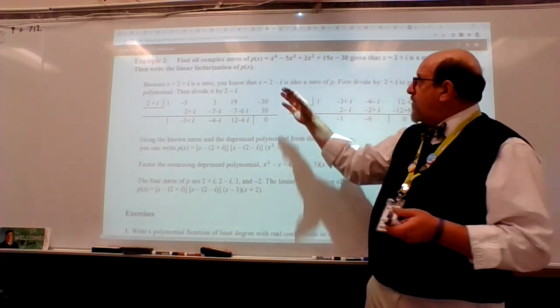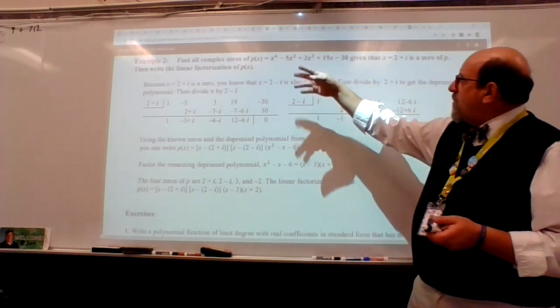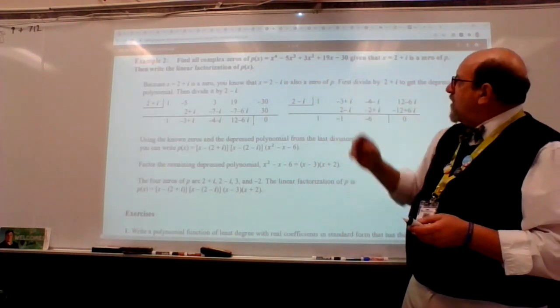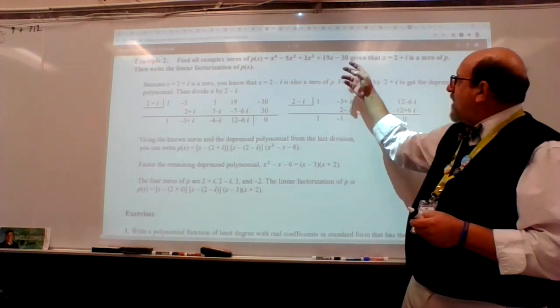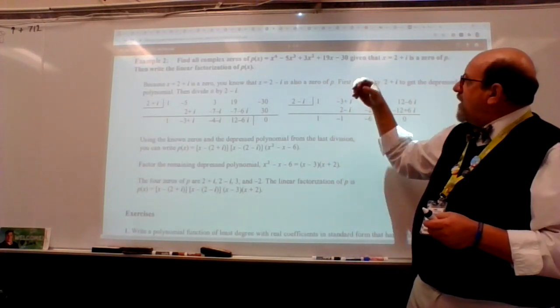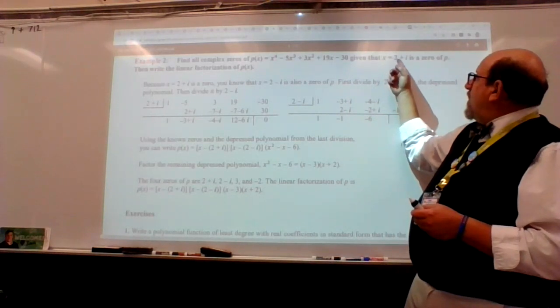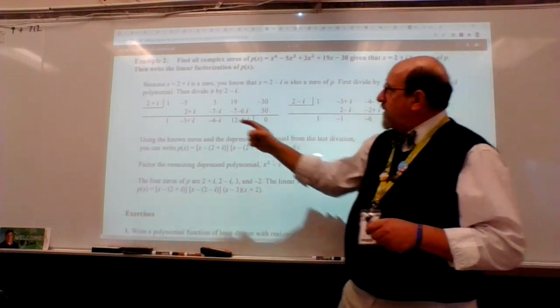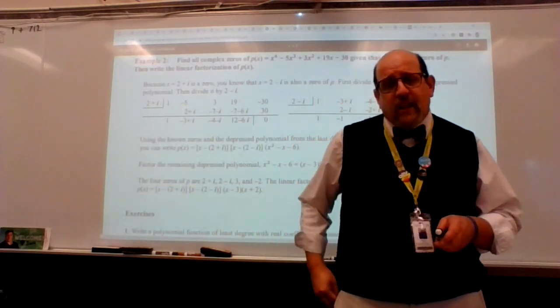You're going to be given a function. Here it is: x to the fourth minus 5x cubed plus 3x squared plus 19x minus 30. And then we're told that x equals 2 plus i is a zero. So we're going to put that in and use our synthetic division.